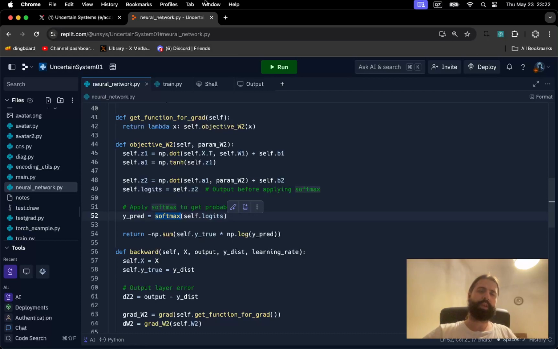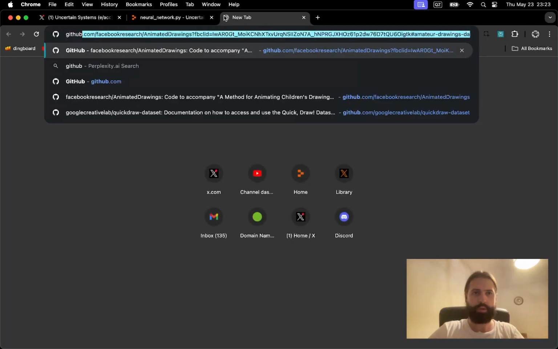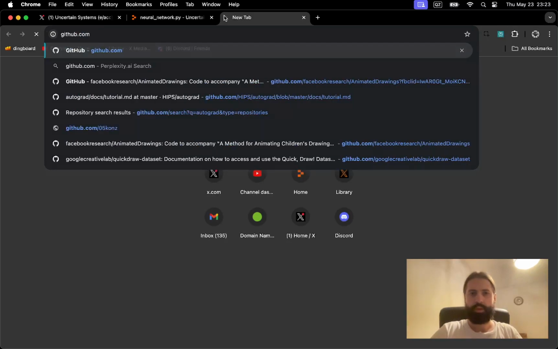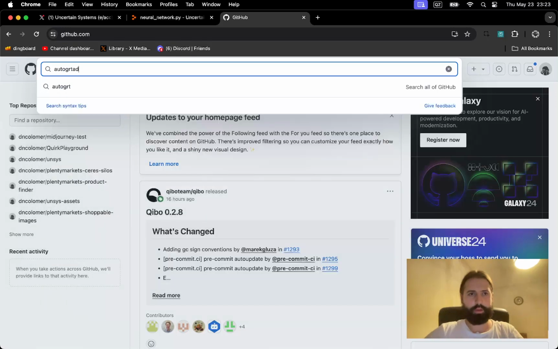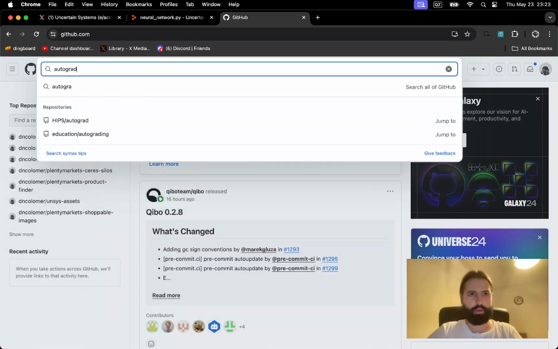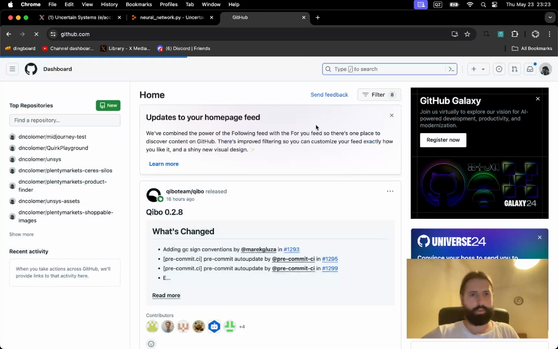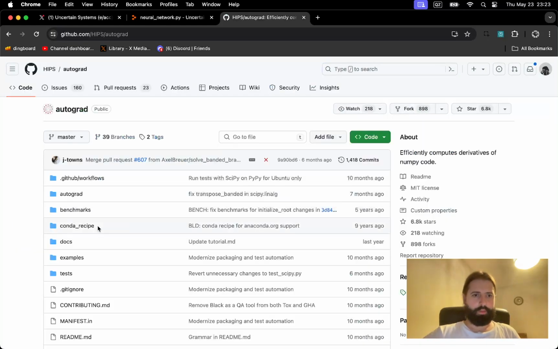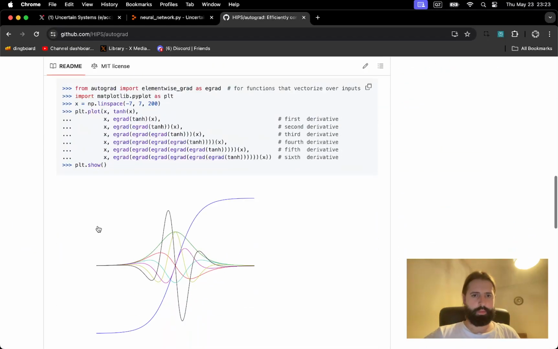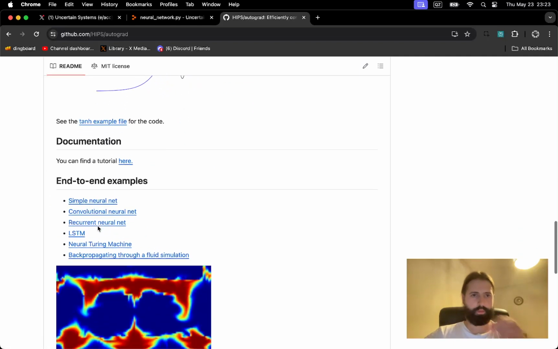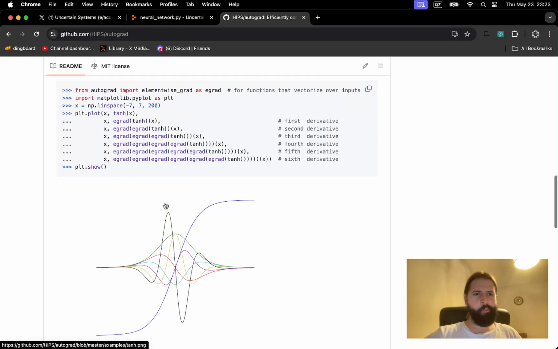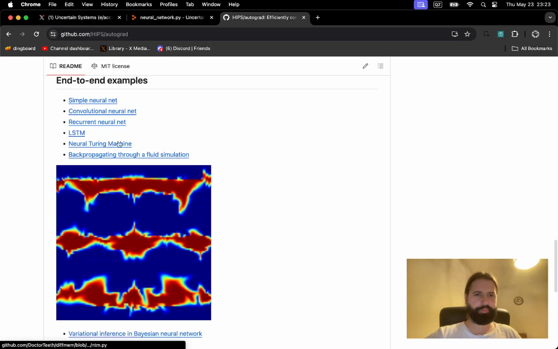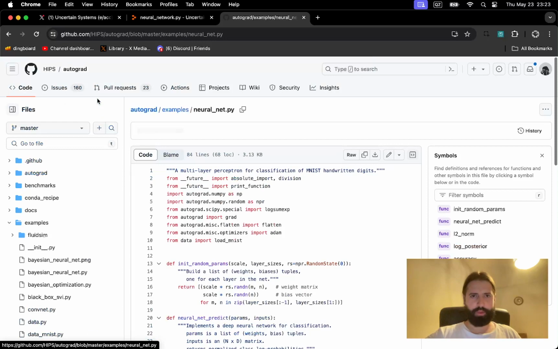Let's see if I can go back to that example. Autograd, github.com. Simple neural network.